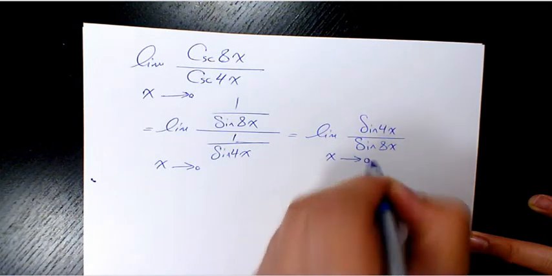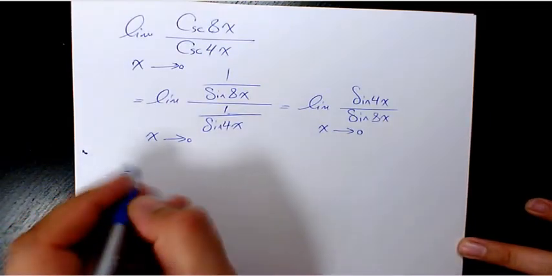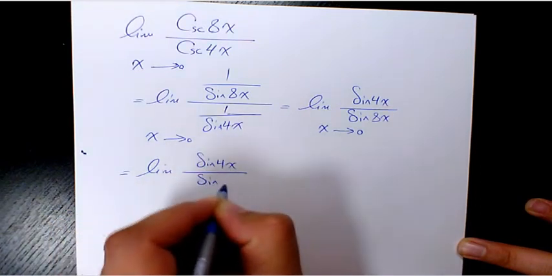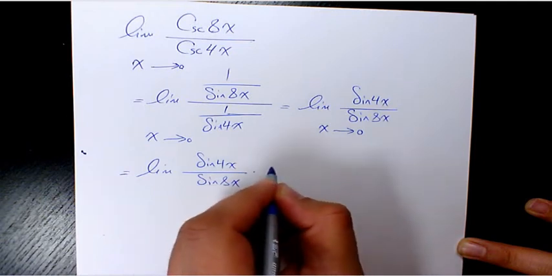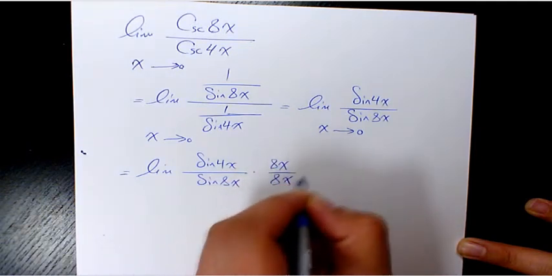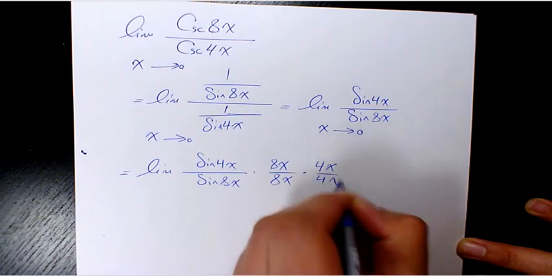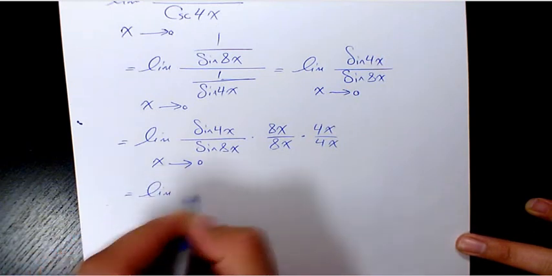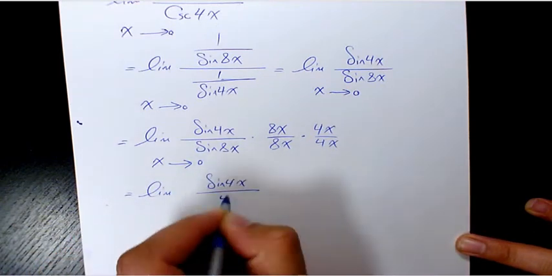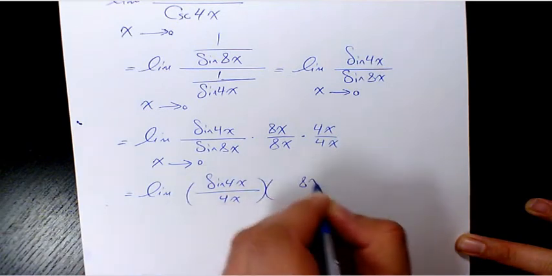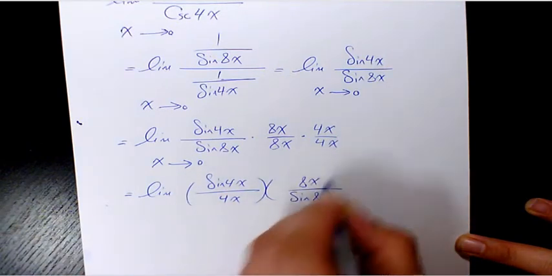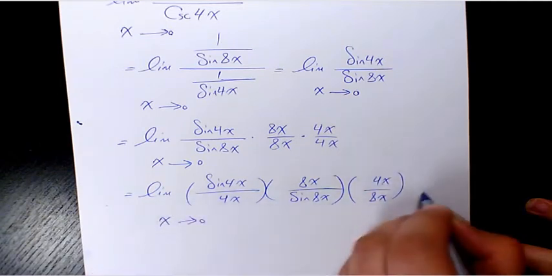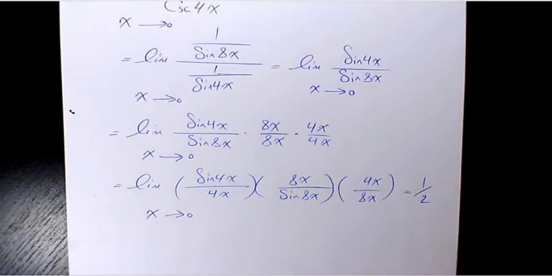Then we multiply by 8x over 8x and 4x over 4x, which will be sine 4x over 4x, 8x over sine 8x, and 4x over 8x when x is approaching 0. That's going to make it 1 over 2.